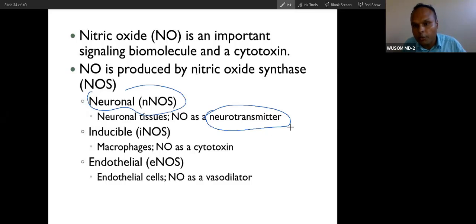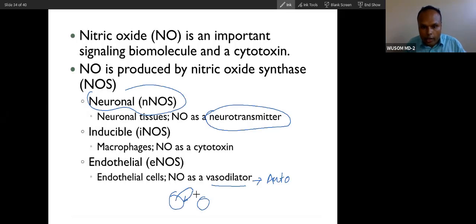The difference between neurotransmitter and hormone is that a hormone will be secreted in blood and act anywhere. Nitric oxide is not a long-distance hormone. It is a short-distance hormone, called an autocoid. It will be produced by this cell, and it can act on this cell also or a nearby cell.